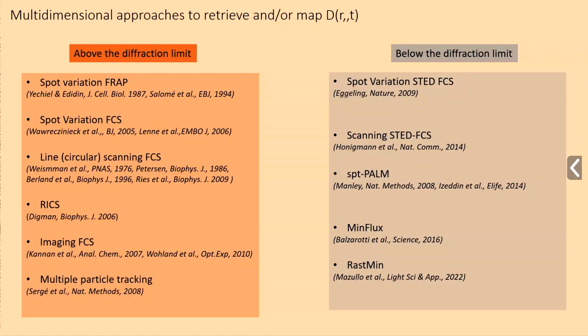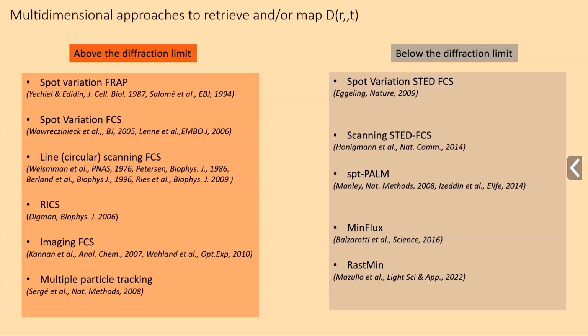Quite rapidly, this is what people did. They looked at these multi-dimensional approaches to retrieve or to map the diffusion coefficient as a function of space and time. Of course, with the technology, they started doing this above the diffraction limit. So rapidly, I name a few. It comes from the Edidin lab in 1987, and also a French lab in Toulouse that did that a little bit later on.